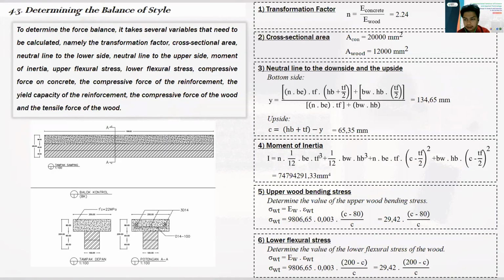The first is I want to make the balance of forces determined for force balance. It takes several variables that need to be calculated, namely the transformation factor, cross-sectional area, neutral line to the lower side, neutral line to the upper side, moment of inertia, upper flexural stress, lower flexural stress, compressive force on concrete, the compressive force of the reinforcement, the yield capacity of the reinforcement, the compressive force of the wood, and the tensile force of the wood.